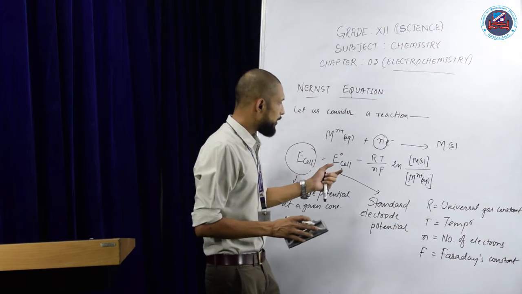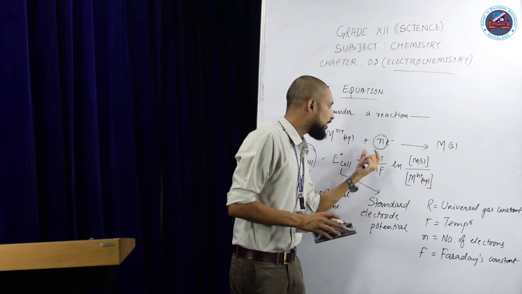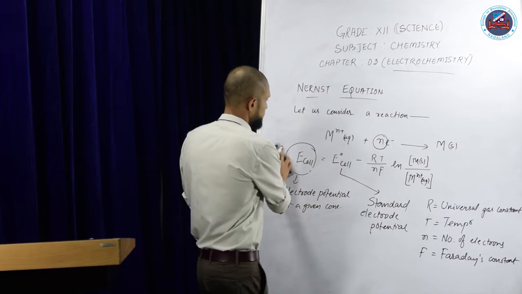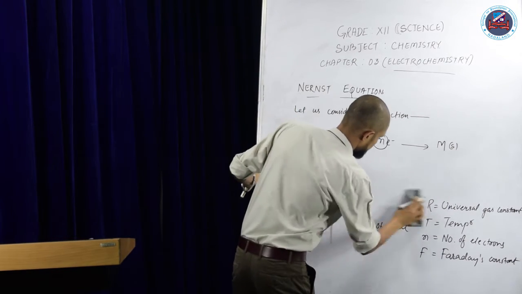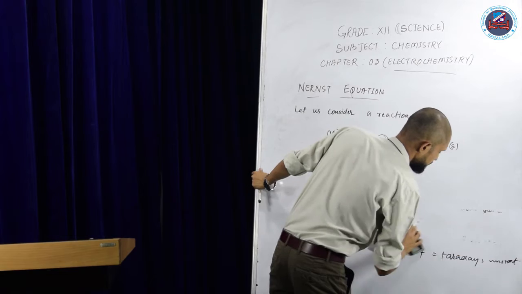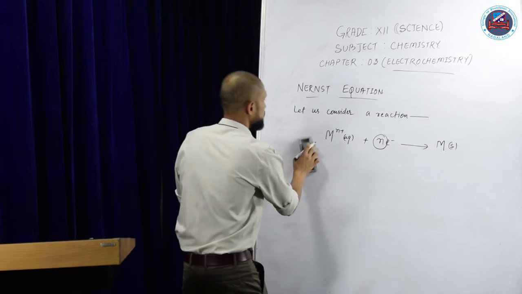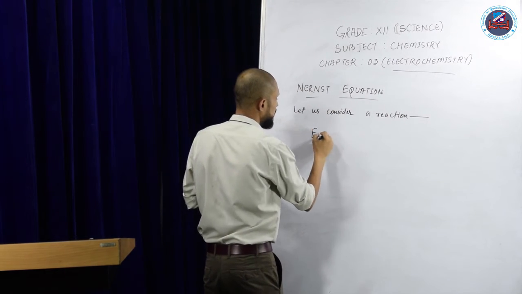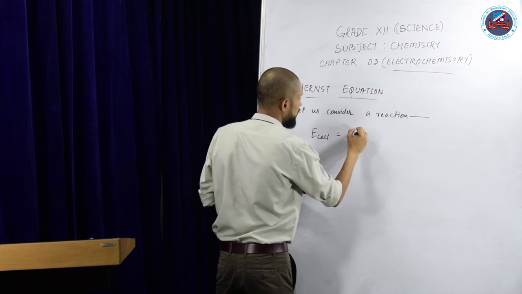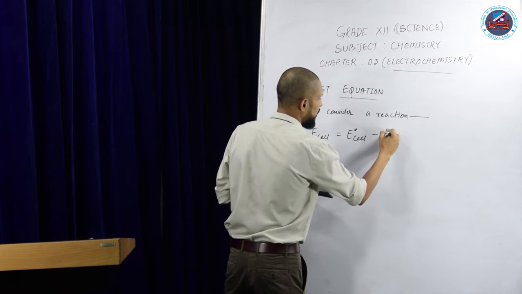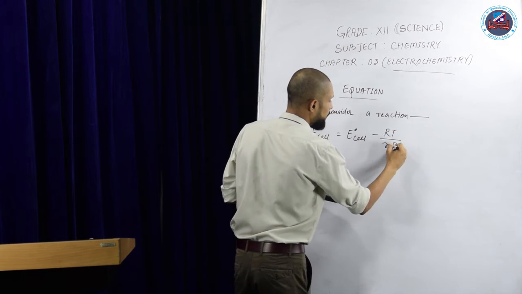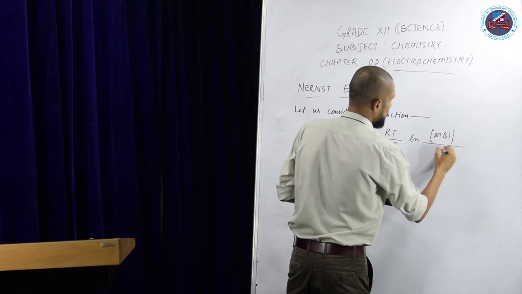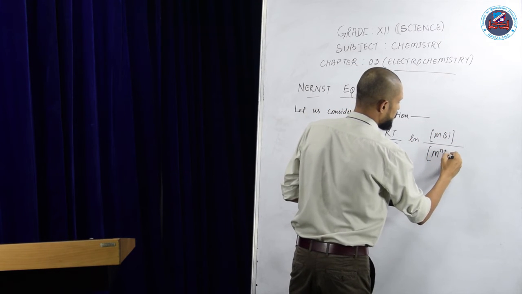Now let us try to put the values of R, T and F and modify this equation. So we have this equation, E cell equal to E naught cell minus RT by nF ln of M solid by M n positive aqueous.